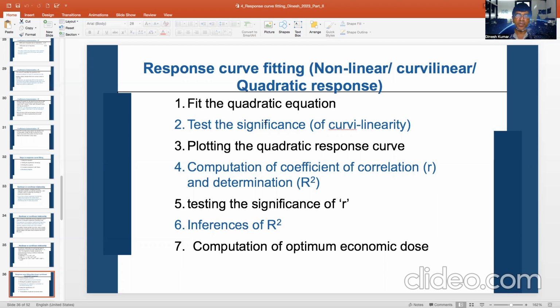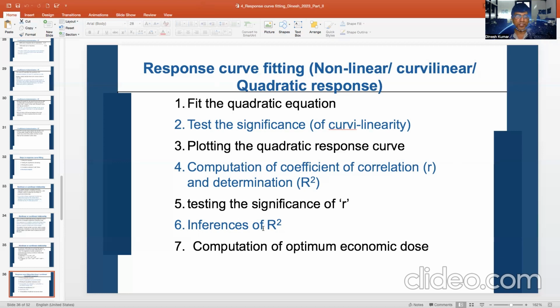But if the linearity test is non-significant, means your equation is not a linear equation, then you can go for higher order testing, means test the significance for the quadratic equation. So test the significance of curvilinearity. Then third is plotting the quadratic response curve, making a graph. Fourth is computation of the correlation coefficient and coefficient of determination. And you can test the significance of the correlation coefficient and then draw inferences of R square.